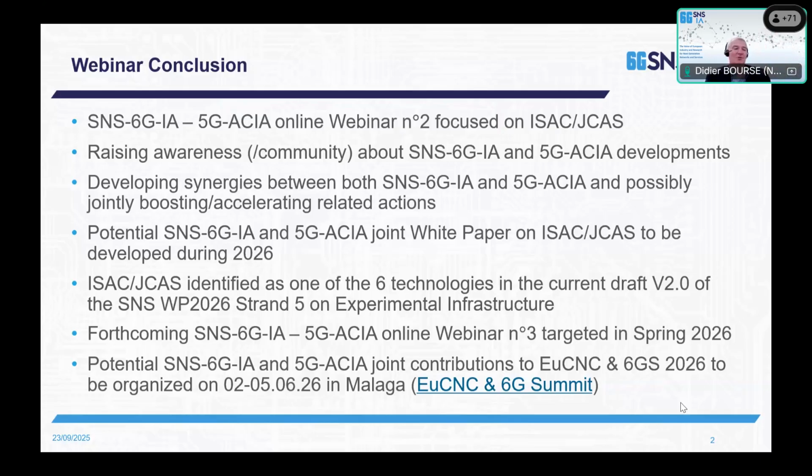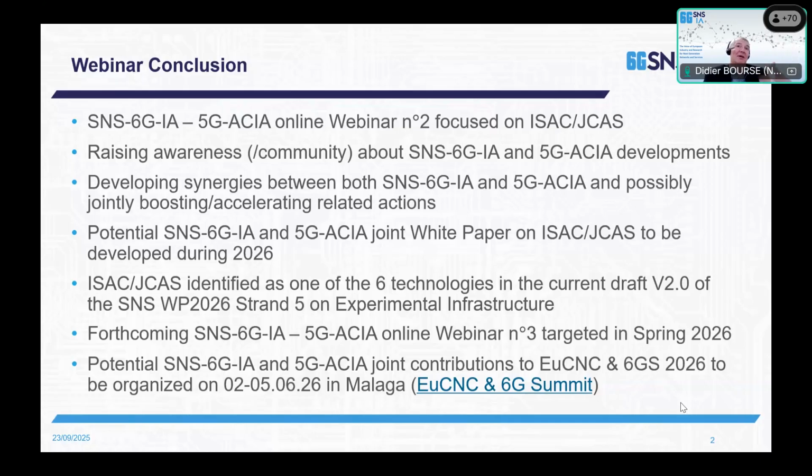Just to spot it, this is work in progress. I see that Pavlos was also connected, but very briefly, as you may know, we are developing, in draft stage, the SNS Work Program 2026. Some of you have answered the consultation organized over the summer. It is a priori still all under confirmation. It's not completed, but a strand 5 on experimental infrastructure, to experiment and work on further development of infrastructure for SNS and experimenting specific enablers and technologies, in direct connection with the Stream B project.